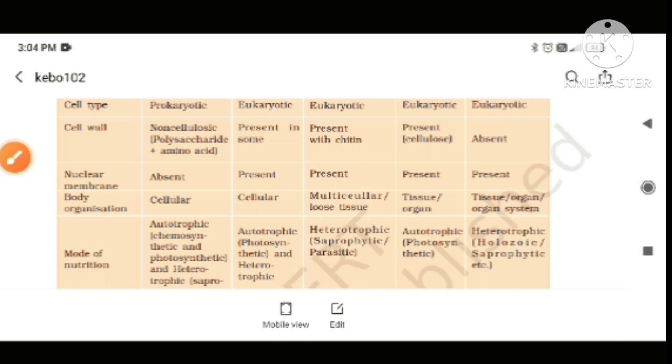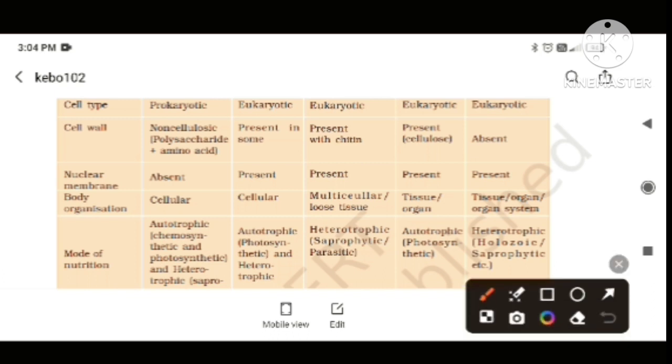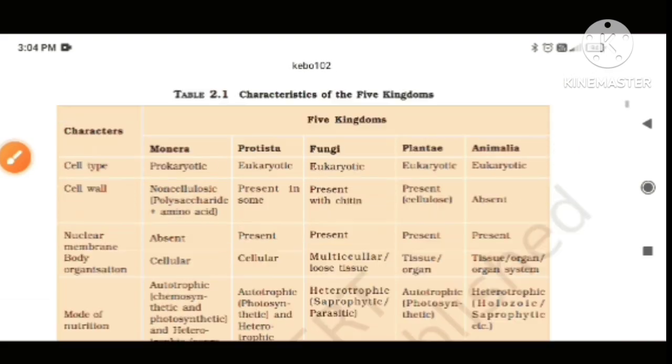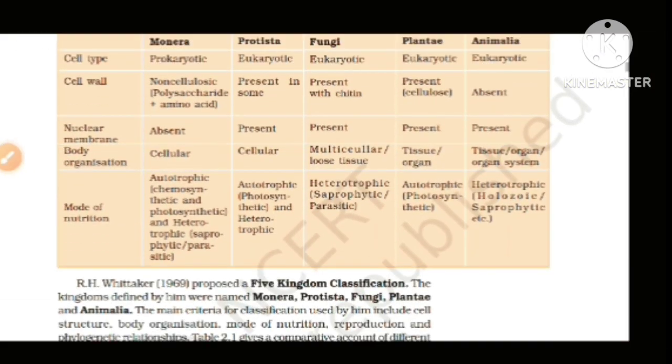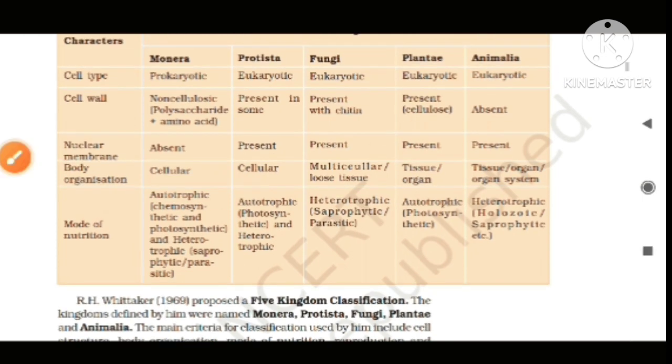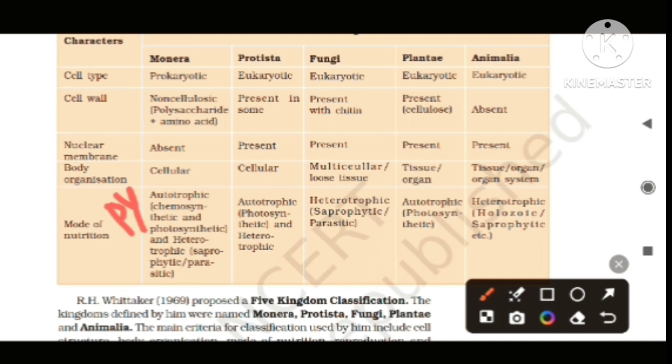Mode of nutrition. Here the very complex mode of nutrition was in the monerans. Phototrophic with photosynthetic also, chemosynthetic also, without light also, with light also, and heterotrophic.